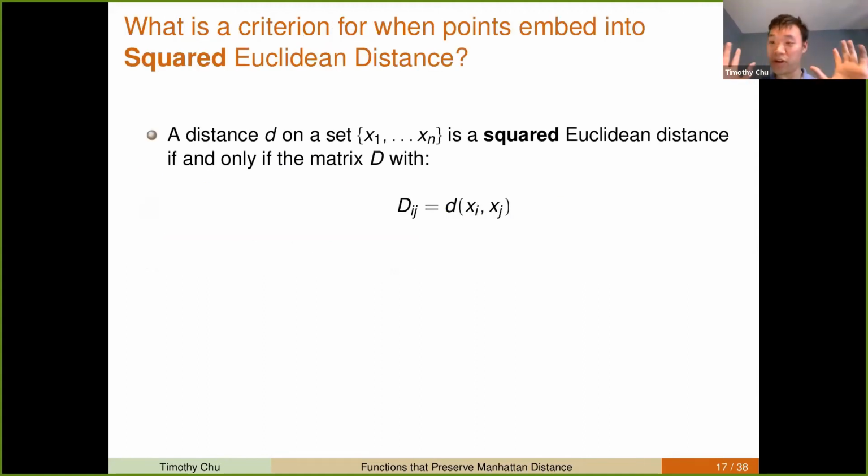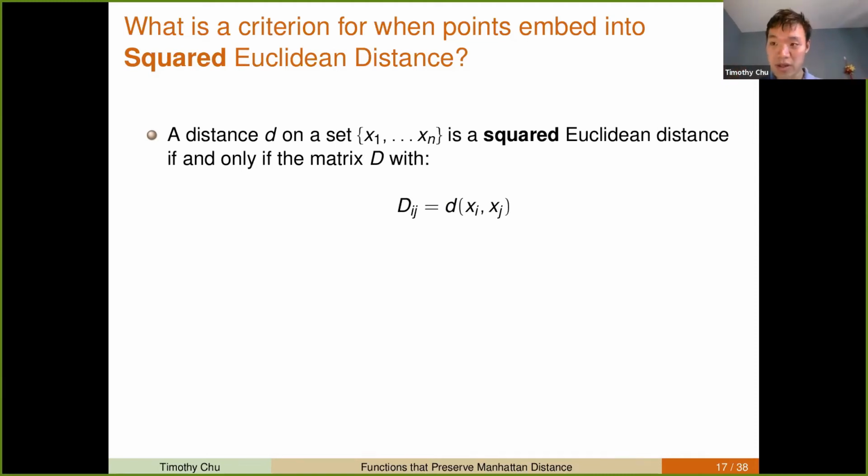Great. So this is some very classical work of Schoenberg from 1935, a slightly different paper than the one I mentioned earlier. And the general question is, how can you tell whether a set of n choose 2 distances can be realized as a squared Euclidean distance? Well, there's actually a very nice matrix criterion for this. Let's say you have a distance d on a set X of n points.